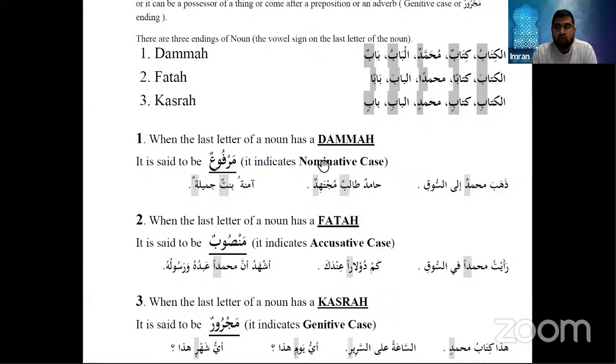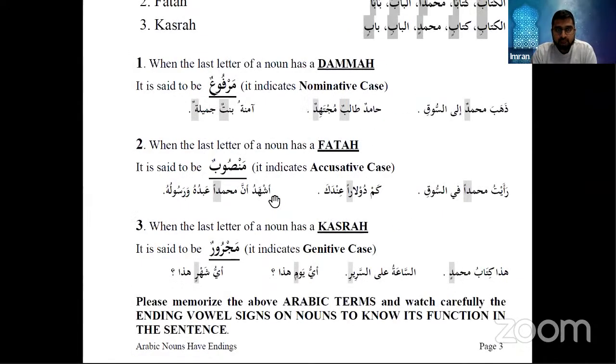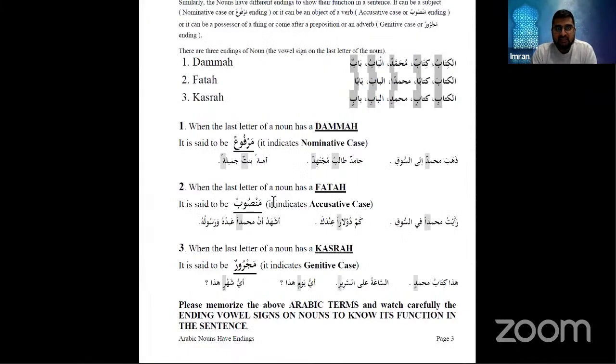And in English, it's called the nominative case. Mansub: when the last letter of a noun has a fatha or a fatha tanween, ra'aytu Muhammadan fi souk, I saw Muhammad in the souk. It's called the accusative case. In Arabic, it's called mansub.